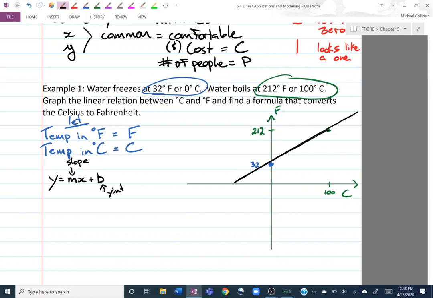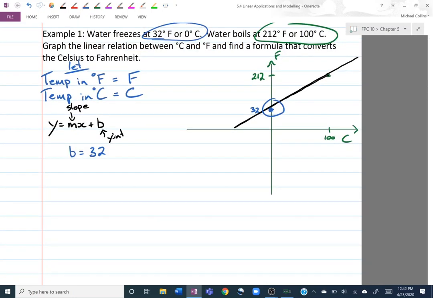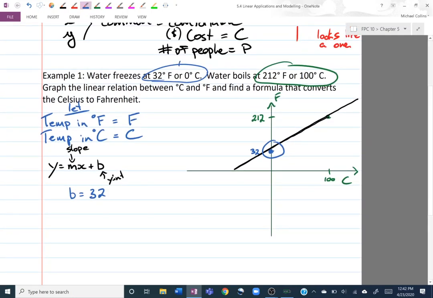In this case, if you're really with it and you can see that this is my y-intercept already, I know that my y-intercept is going to be equal to 32. And then I know how to find my slope because I have 2 points, point number 1 and point number 2.